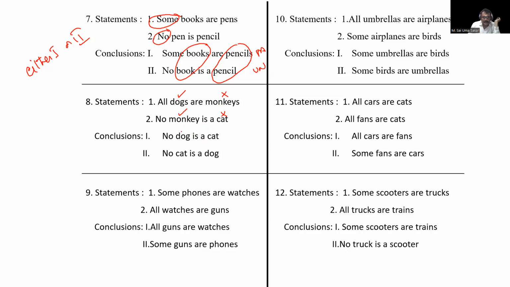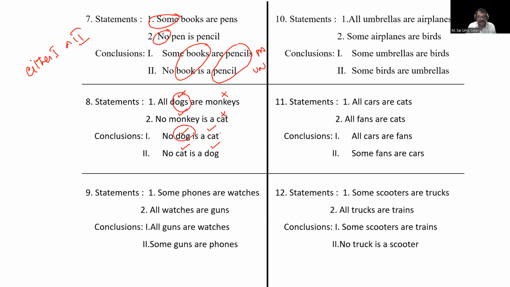Now go to the mediate inference. Here both subject and predicates are distributed. Now what is the important point? If any term is distributed in the conclusion, the term must be distributed in the statement. Dog is distributed in the conclusion and statement as well.